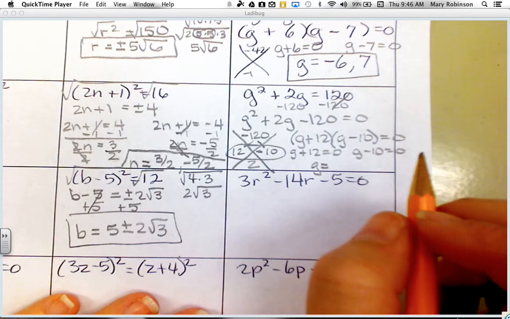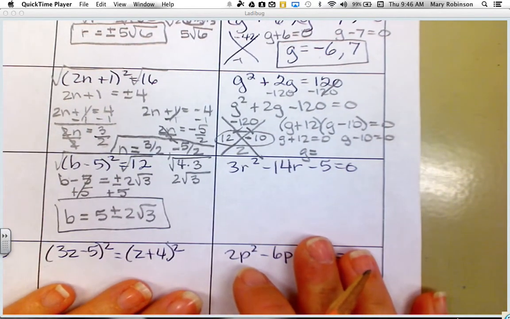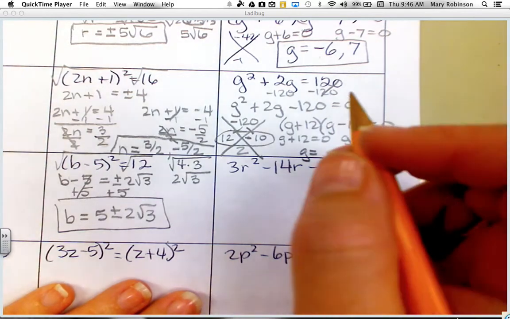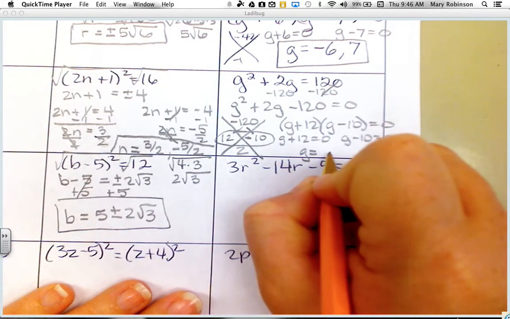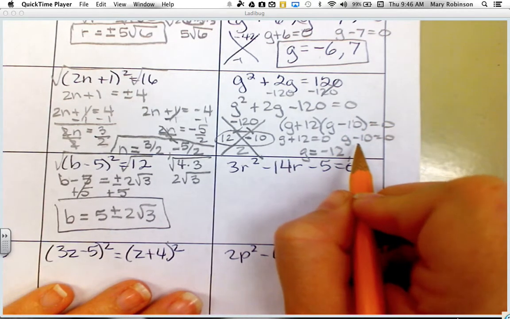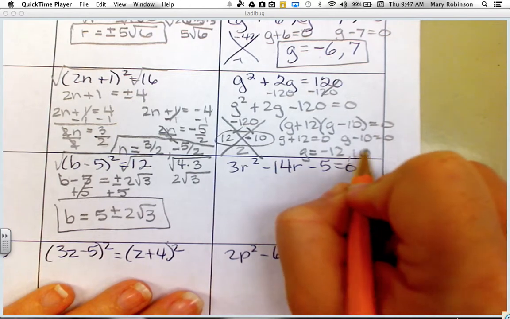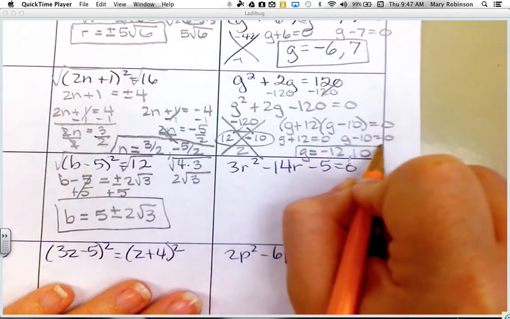Let's see here. Nyla? Very good. You said negative 12 and? Is it going to be negative 10? You agree we have to add 10 to both sides? So negative 12 and a positive 10.